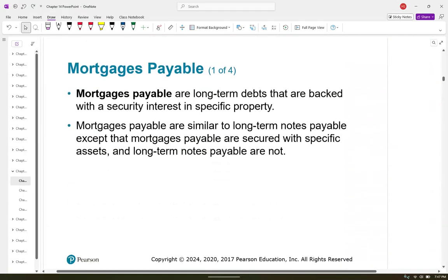So mortgages payable, these are long-term debts. They are backed by the security of a specific property, and the interest on mortgages is usually a lot less than, say, your credit card debt. Because your credit card debt is unsecured debt. Okay, that's probably the worst debt to have.